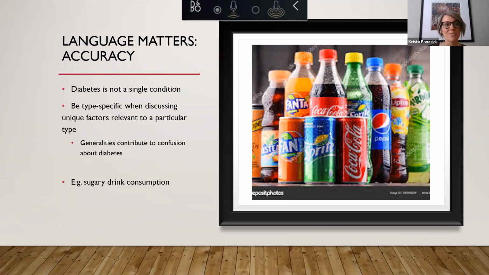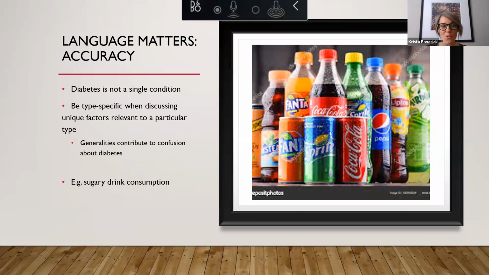One common example of this is Diabetes Canada has advocated for a levy on sugar-sweetened beverages because of their direct link to the development of type 2 diabetes. But in the public, this is often discussed as a levy helping to prevent the development of diabetes in general. And this leads to an overgeneralized understanding that no person living with diabetes or prediabetes should be consuming sugar-sweetened beverages.